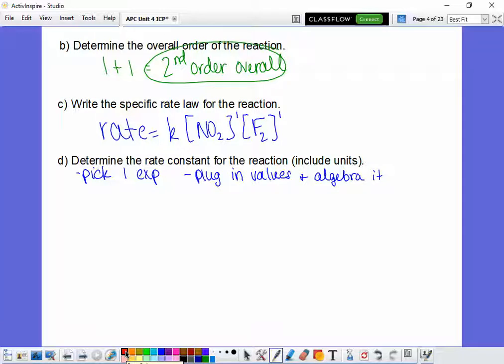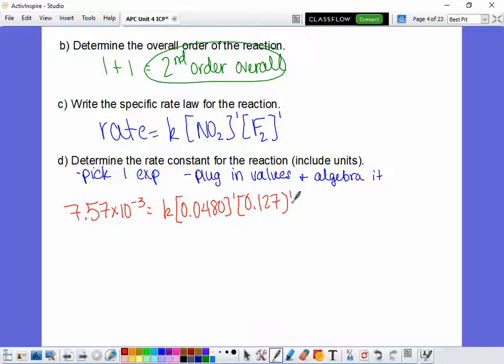So the rate for experiment 3 is 7.57 times 10 to the negative 3. I'm going to leave units off for now as well. We'll handle the units at the end. Equals some constant K times the concentration of NO2 for experiment 3, which is 0.0480, raised to the first, times 0.127, raised to the first.